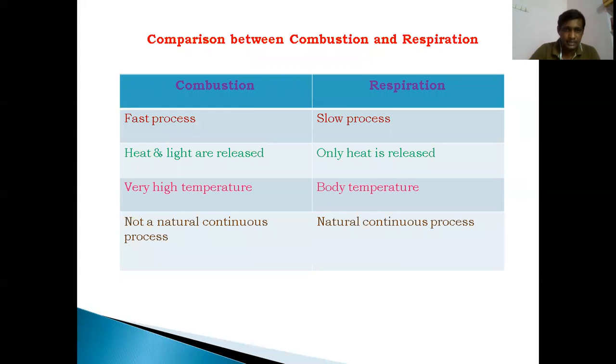In combustion, heat energy and light energy are released, whereas in respiration only heat is released. Combustion takes place at high temperatures, but respiration takes place at room temperature or body temperature. Respiration is a natural and continuous process, whereas combustion is not, because it happens only when we are burning something.